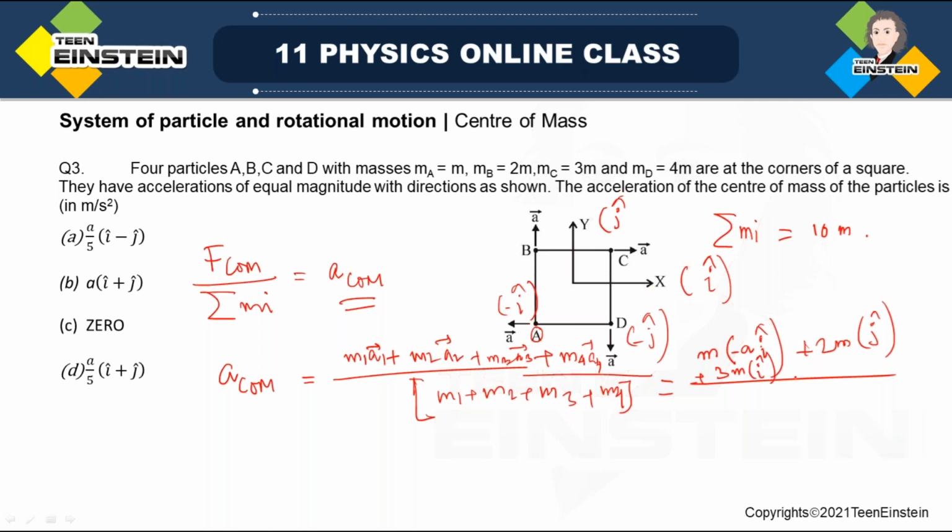Similarly, D has mass 4m, but it is acting in the negative j direction, and the total is 10m we have got already.